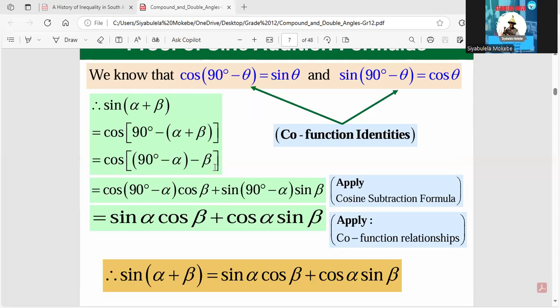We're using the associative law here. Then from there, we can expand this using the cosine subtraction formula. Then if we apply our cofunction relationships, cos(90 minus alpha) is sin alpha, sin(90 minus alpha) is cos alpha. And so sin(alpha plus beta) is equal to sin alpha cos beta plus cos alpha sin beta.